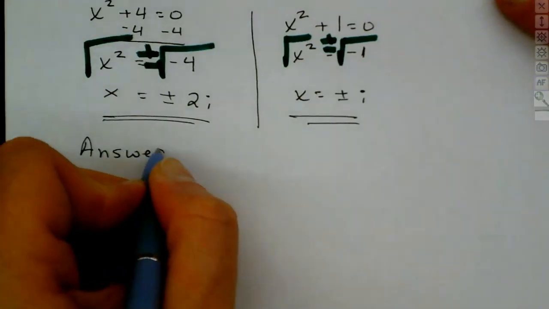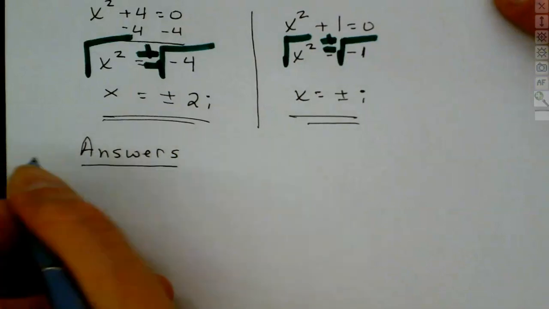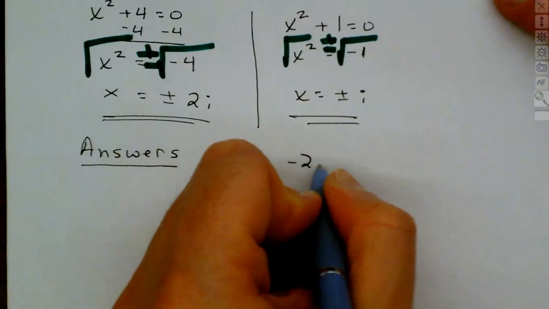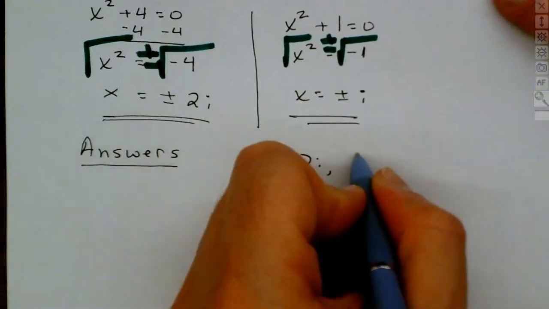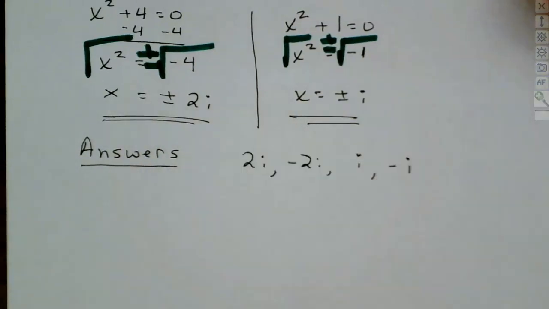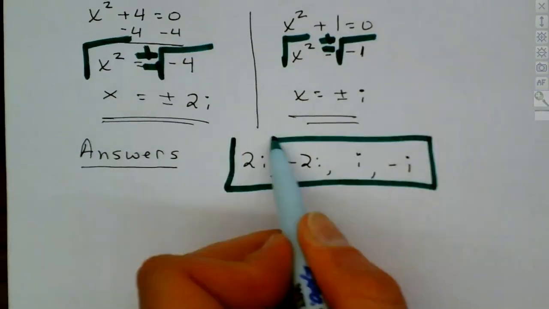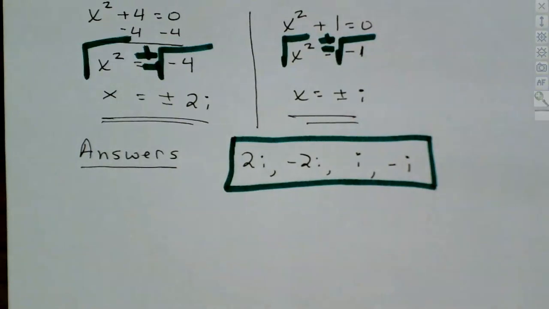Let's write them out. And here's where they all come from. You've got 2i, you've got minus 2i, you've got an i, and you've got a minus i. So I now have 4 solutions here. Plus or minus 2i, plus or minus i.